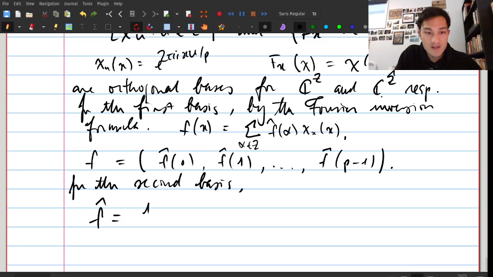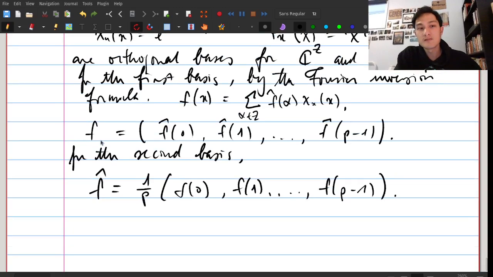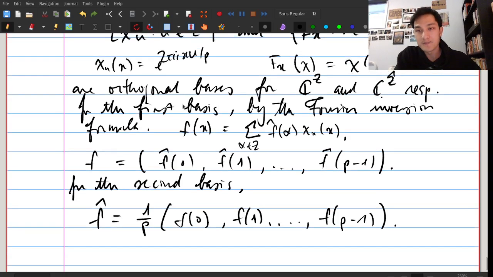So it's actually 1 over p times the vector f0, f1, all the way down to f p minus 1. Okay, so we're just explicitly writing our functions as vectors in these spaces with these bases.